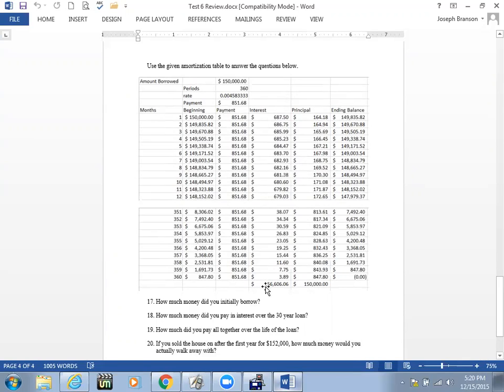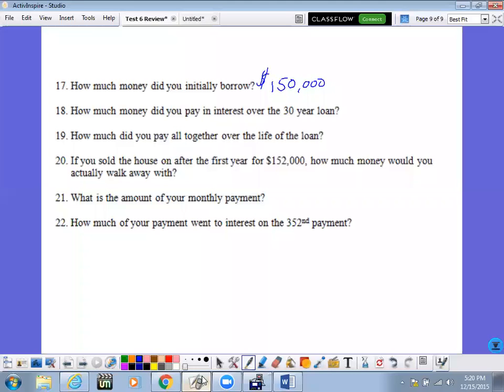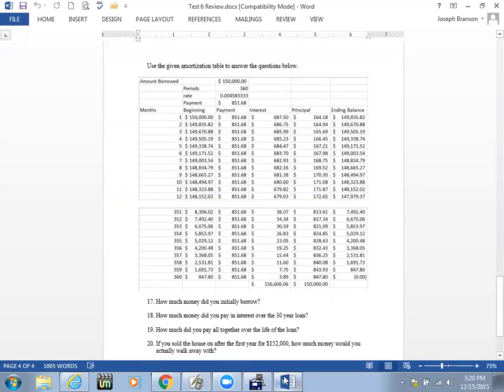So $156,606.06. So 156,606 and 6 cents. How much did you pay altogether for the life of the loan? Well, we can add those chunks together as far as interest and total amount we paid for principal.